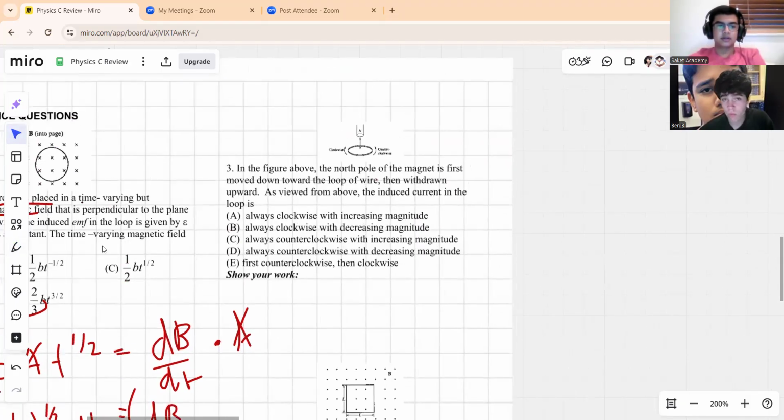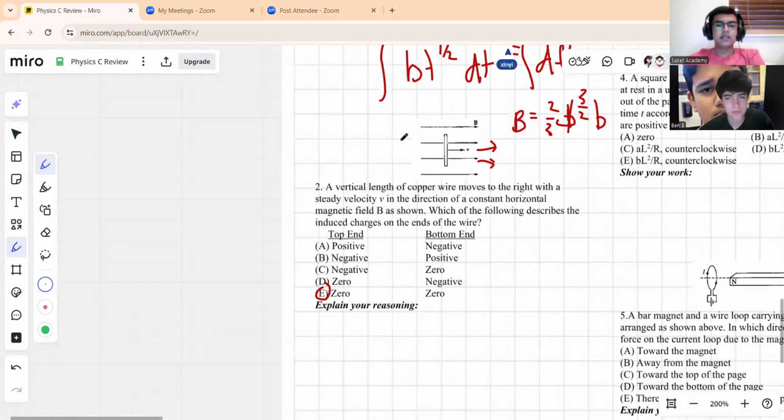Let's do an exercise and say they were into the page. V cross B, so we're gonna have the thumb into the page, and then the force would be towards the bottom for the left hand. So negative charges would be here, positive charges would be here. This would result in answer A.